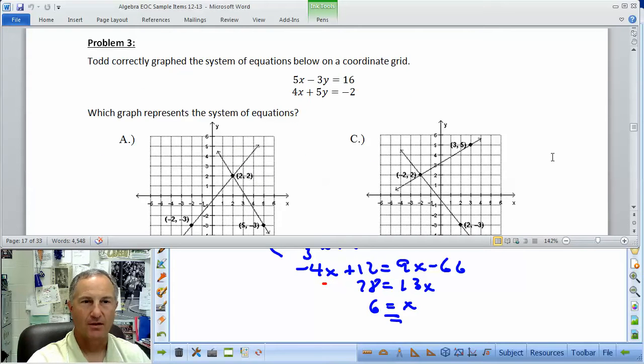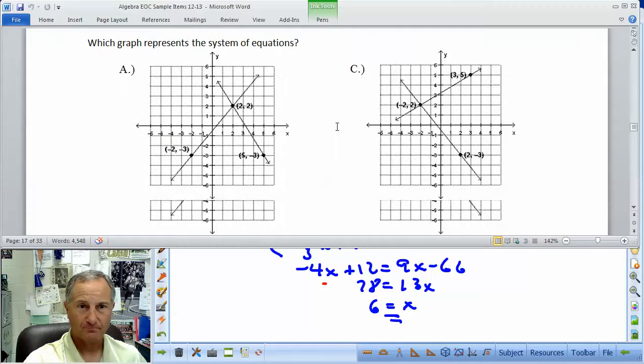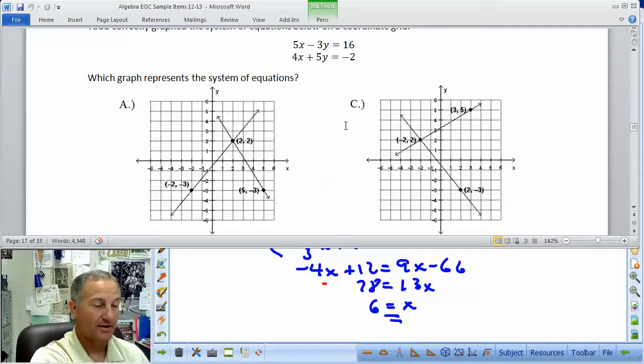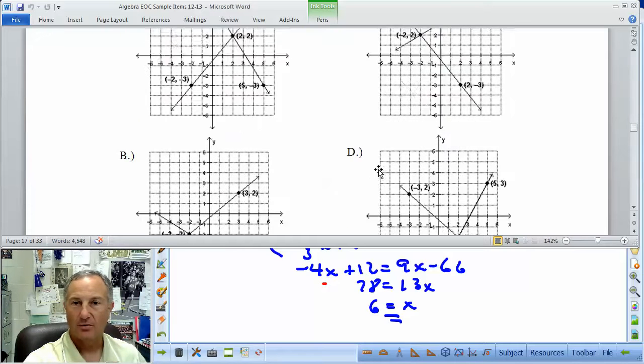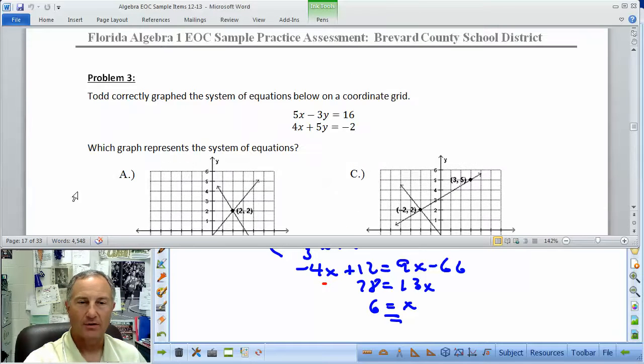Problem 3. Todd correctly graphed the system of equations below on the coordinate grid. So they give you 2 equations in standard form. Which graph represents the system of equations? Test taking strategy here. They give you the intersection of each of these. A simpler way would be to take an intersection like (2, 2) and plug it into both equations for x and y and see which one works.